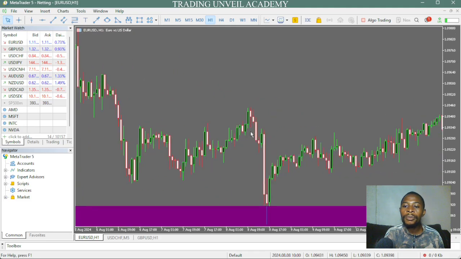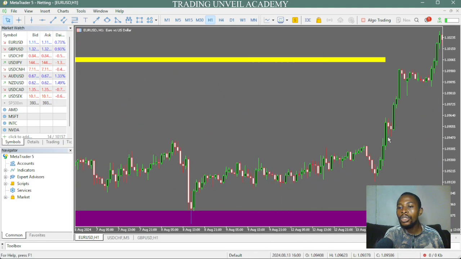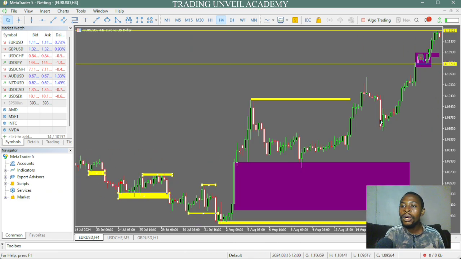Before, what happened? You see the market going up again, going up again. So that is how to know where the market is likely going to. For example, on this 4 hour, after the market took this low, it went up taking the high, and it fell back to this point, just touching the fair value gap before it went up.